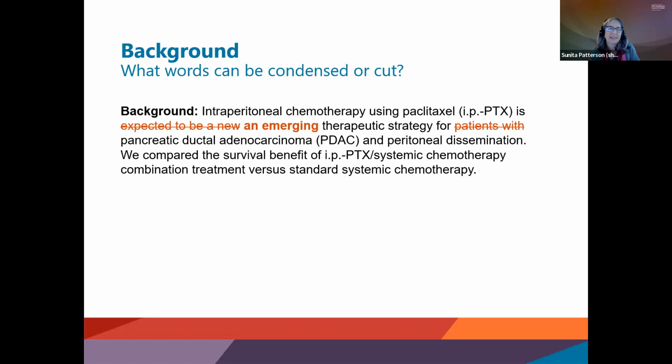We thought "is expected to be a new therapeutic strategy" we could just say "is an emerging therapeutic strategy" and save some words that way. And then instead of saying "for patients with pancreatic ductal adenocarcinoma," we thought we could just delete the words "patients with." Does anyone else want to comment on something they found in this background section that seems wordy?